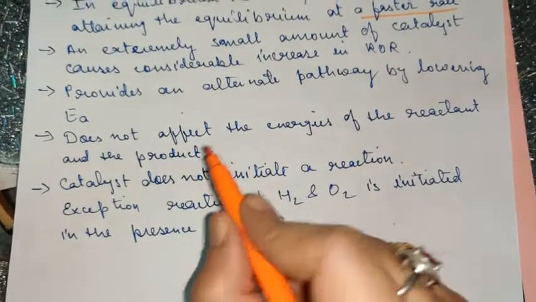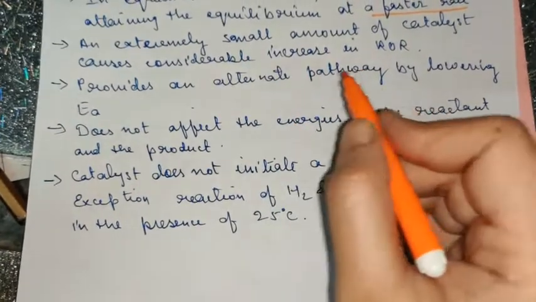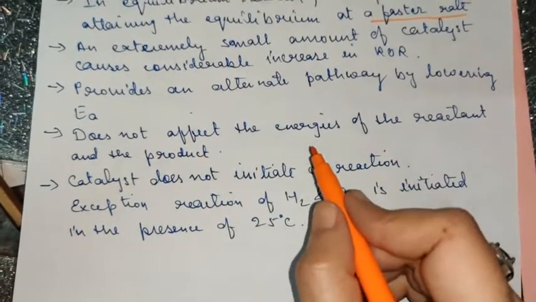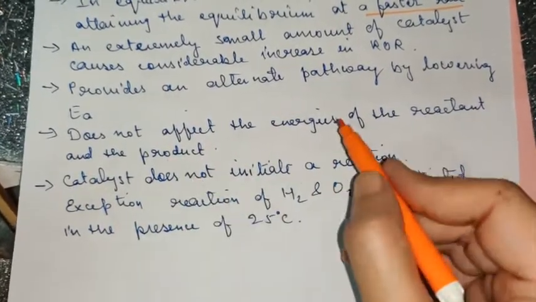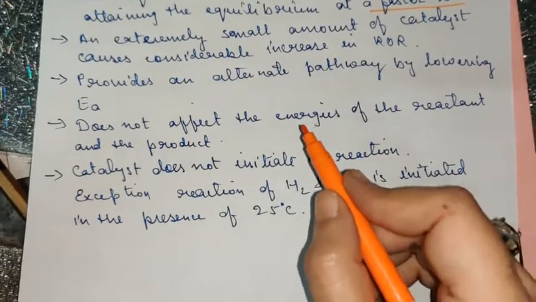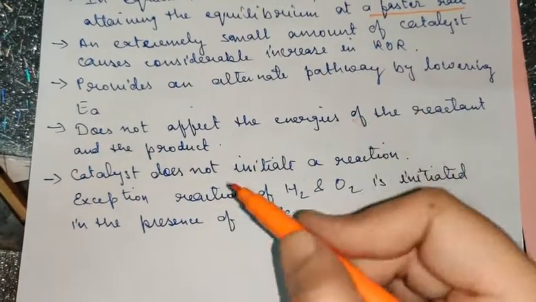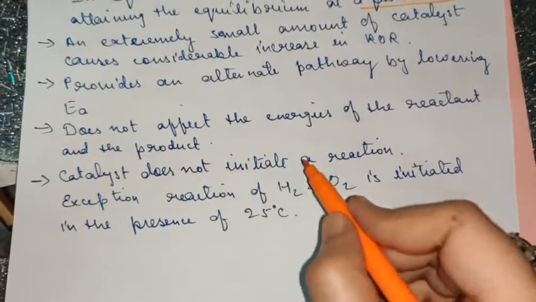If you have not seen those videos, children, please go and watch them, because I explained the functioning of the catalyst in detail there. So it does not affect the energy of the reactant or product. It only provides an alternate pathway for the reactant to get converted into product. A catalyst does not initiate a reaction.